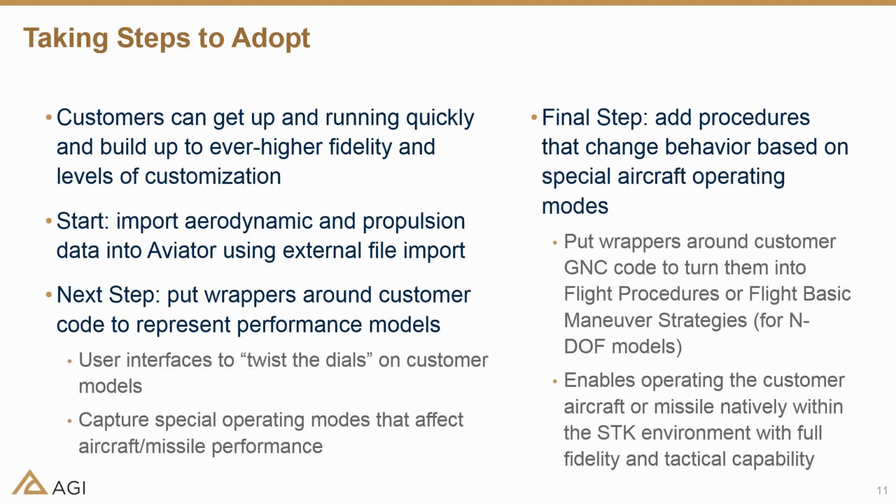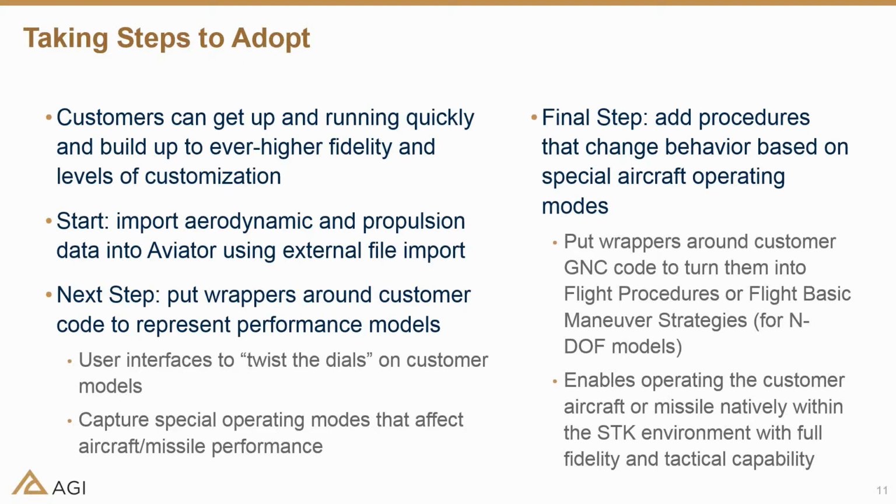We go to the companies and get their aerodynamic files, their drag polars, their power plant decks. When we talk to the engineers, they know exactly the kind of data we're looking for. We bring that data into SDK, and now the aircraft is flying around like that static data says it should. We've had really good luck with that. That's an immediate up and running with your data kind of thing.